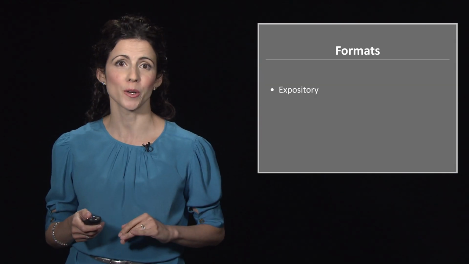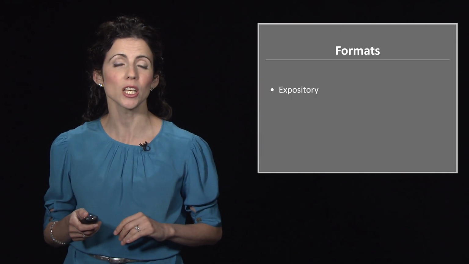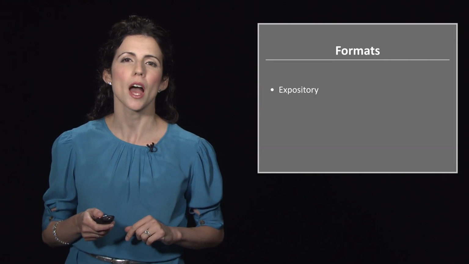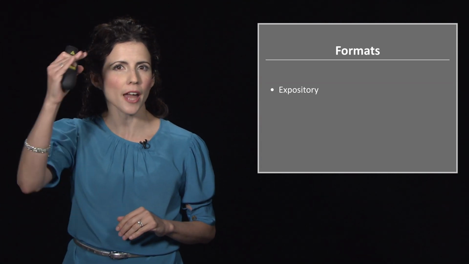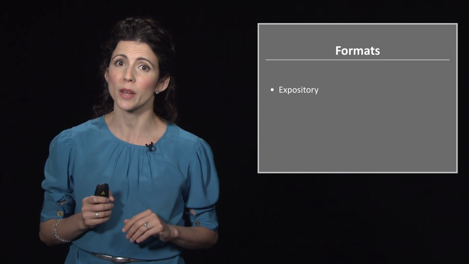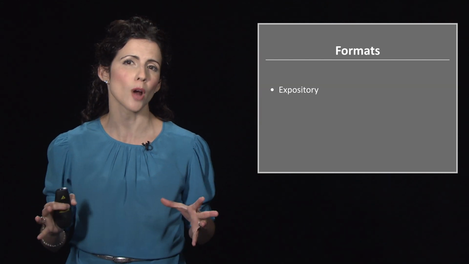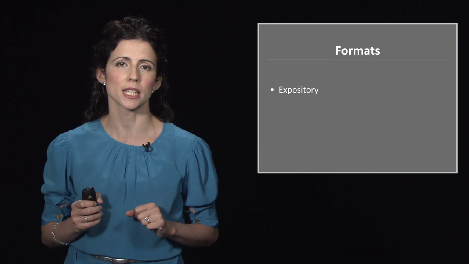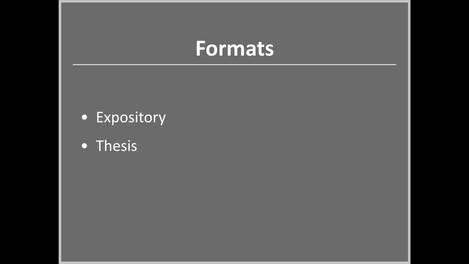The expository lecture demonstrates a single question or problem and is often organized in a hierarchical form. This type of format is great when trying to summarize broad concepts or key ideas. In the thesis format, a problem or concept is usually presented as a sequential series of arguments and propositions that are supported through data or experimental results.